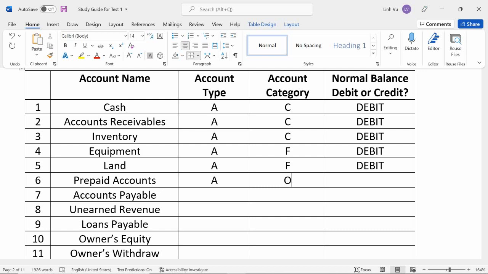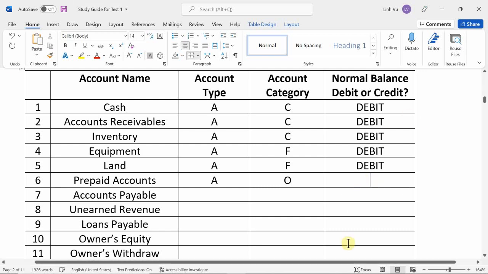No. Although it's ours, somebody also has it. Right, but in this case, we paid somebody in advance. We gave them money to rent out this property for the next 2 months. So that means I own that rent for the next 2 months. Okay? And we can't physically touch rent. And what kind of normal balance would it have? It also has a debit because it's an asset. Correct.